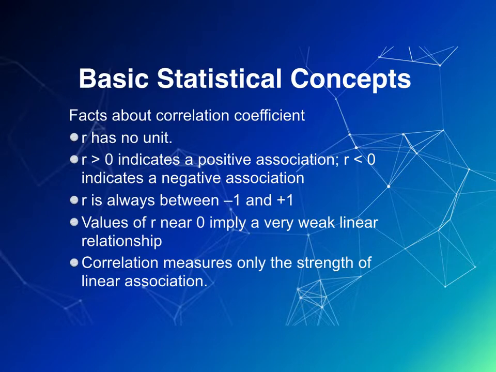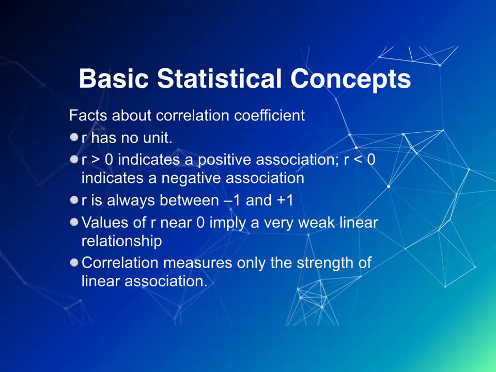Correlation is indicated by this notation R. As you know, in statistics, there are a lot of letters that are associated with statistical concepts or mathematical ideas, and it's hard to keep track of them all. But R is the way we indicate correlation, and R is always between 1 and -1.